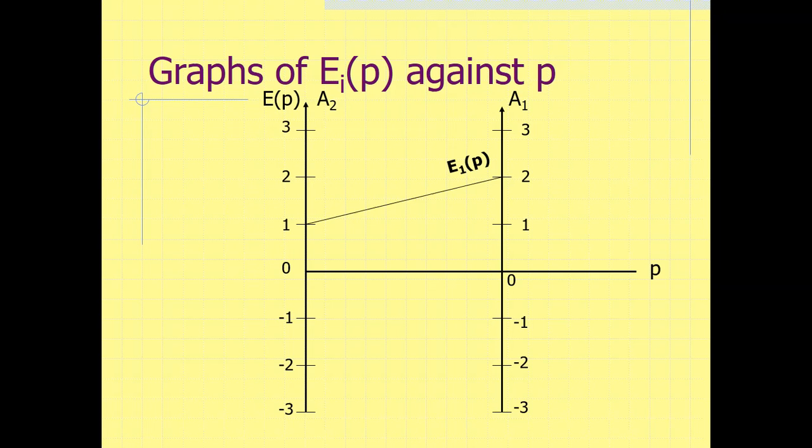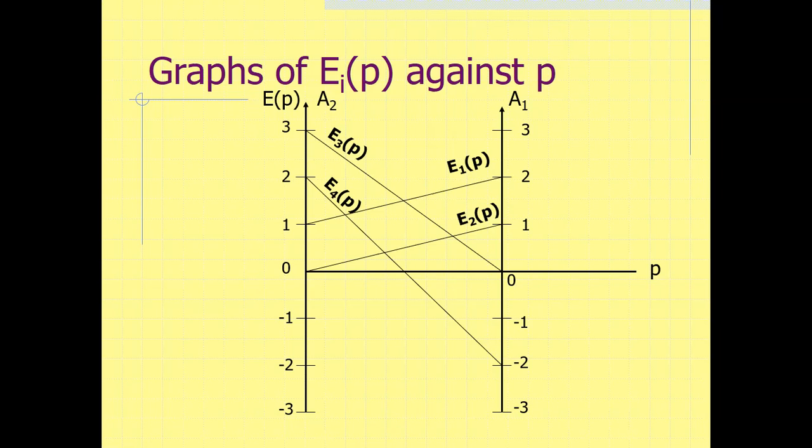Similarly, we draw the graphs of E2, E3 and E4. It can be noticed that the points on the A1 and A2 lines for the different values of E1, E2, E3, E4 of A's expected payoffs are respectively the values in the payoff matrix for the strategies B1, B2, B3 and B4.